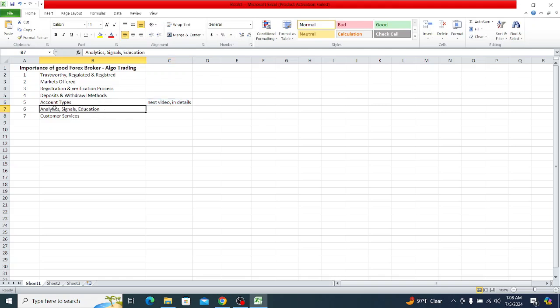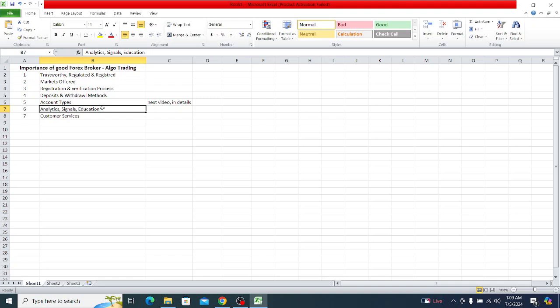The other thing which is important is the analytics, the signals, and the education. So most of the brokers will offer you something called analytics, or some of the brokers call it signals, some call it analytics, some of the brokers name it with different names.